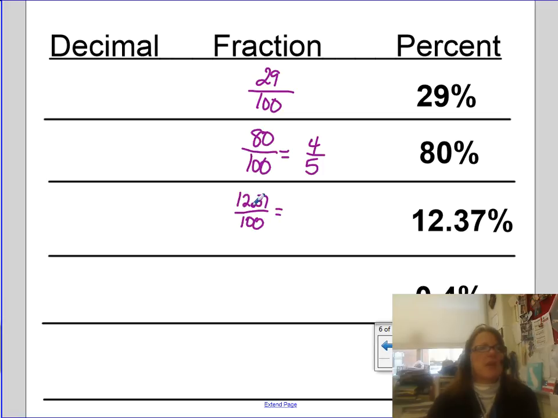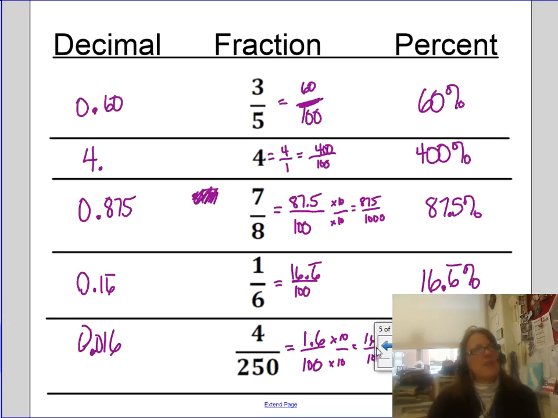If I multiply by 10, that's in effect moving the decimal point over one place. So if I multiply by 10 again, or in other words, by 100, that would move the decimal point 2 places over. And I'd get 1237 over, not 100, 10 thousandths. Because really, it's not okay to leave decimals in your fraction.